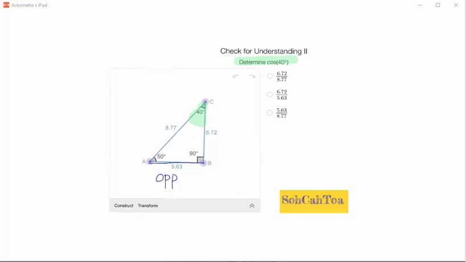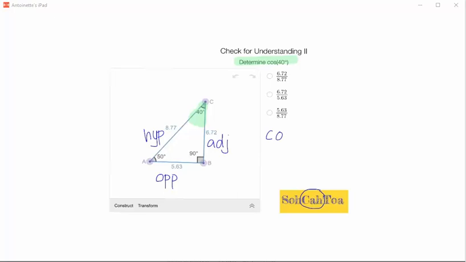And let me erase this line. My adjacent side is the side that's touching it, right next to it. Line segment BC is my adjacent side. And then our hypotenuse is always opposite from that 90-degree angle, so here's my hypotenuse. If I want to find cosine, and I think of SOHCAHTOA, CAH is giving me cosine.